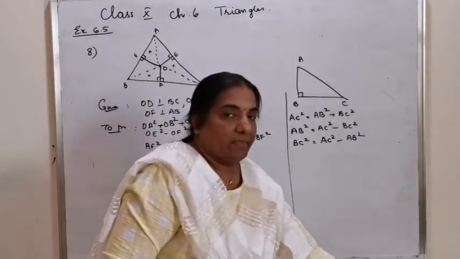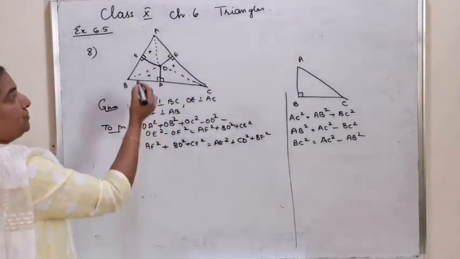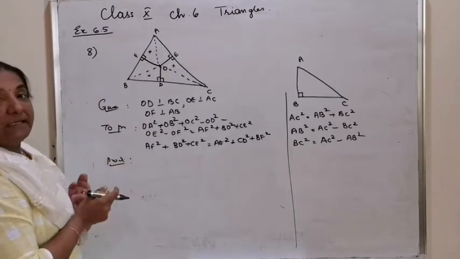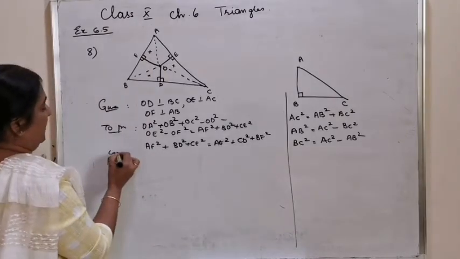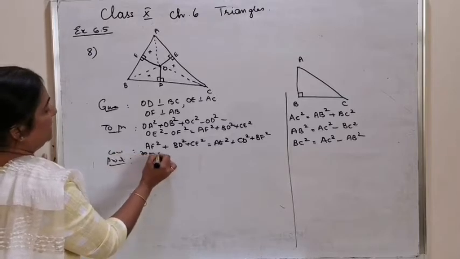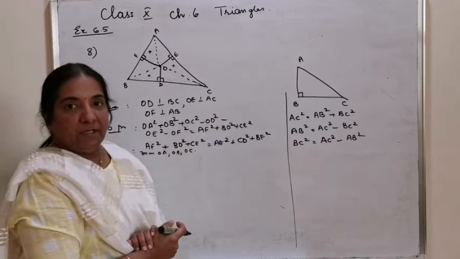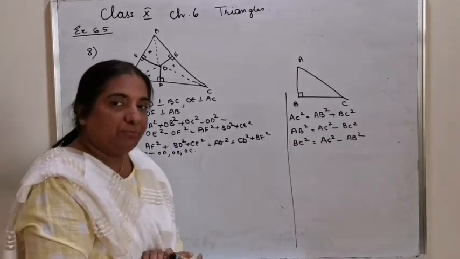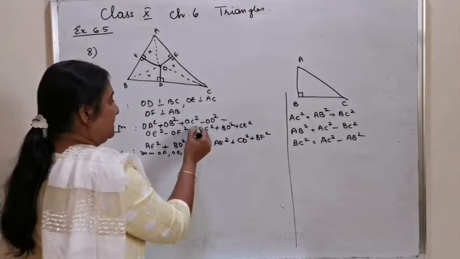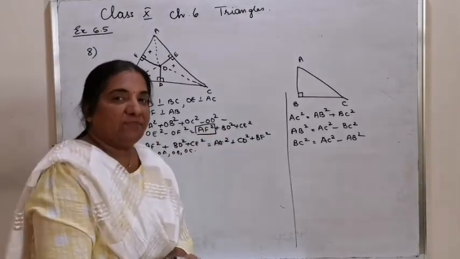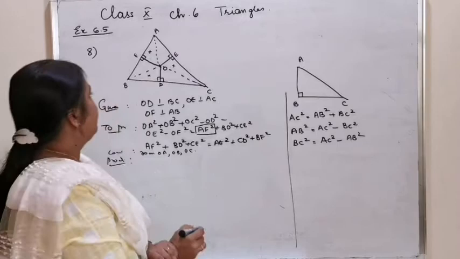Here, in order to get the right triangles, the construction is join OA, OB and OC. To get the first part of the proof, the triangle with AF square as one of the sides has to be picked up.